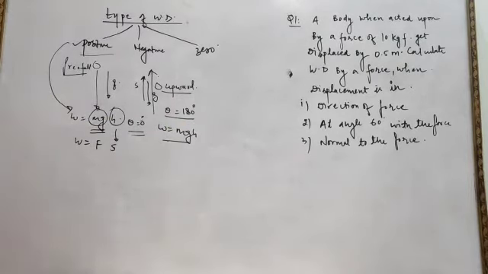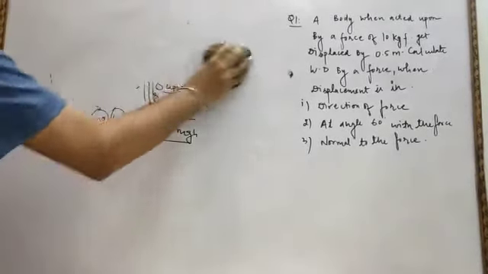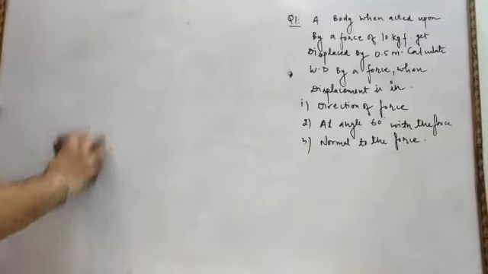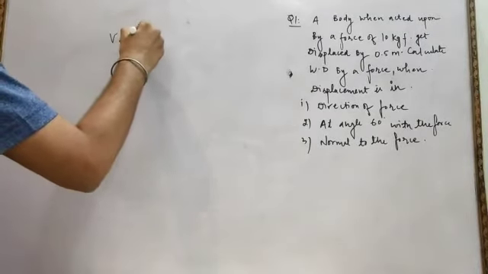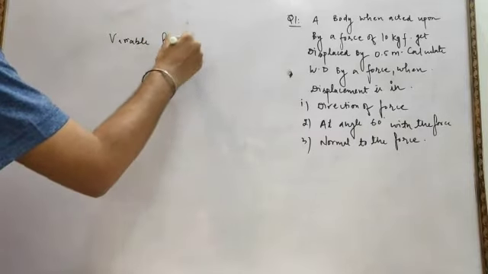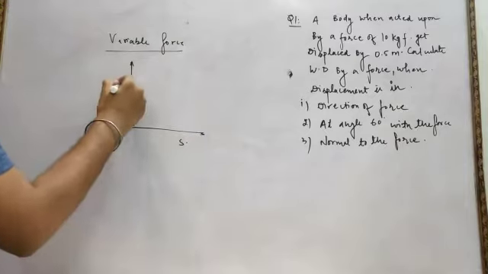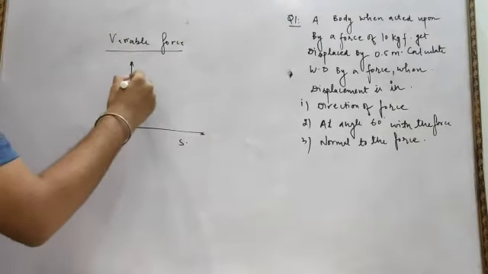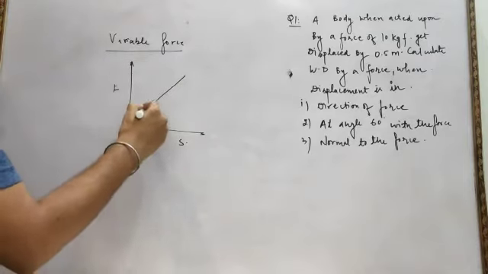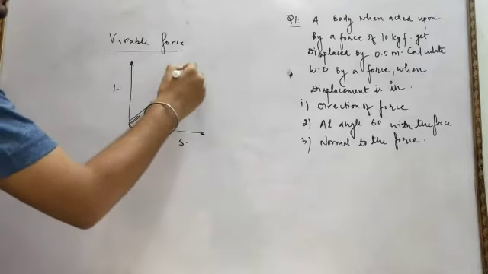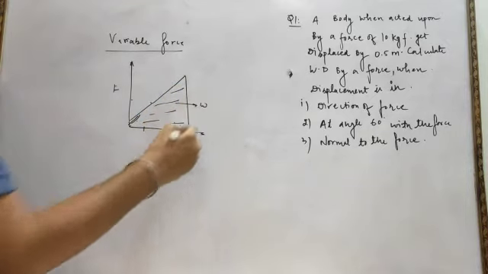And one more case is there. Suppose for a variable force, if the displacement is changing by applying the force, and the value of the force is also changing, then by determining the area under this curve, you will get the value of the work done.